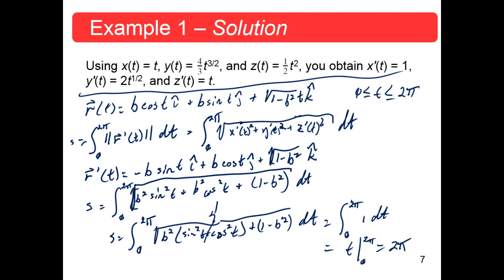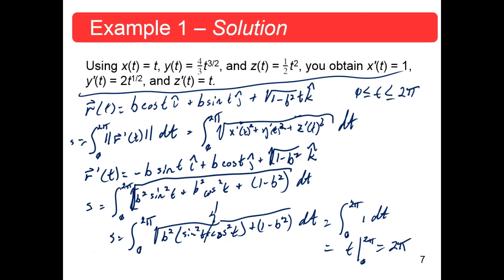Now that's because of how they chose to define our helix, with this coefficient, which is the coefficient of the t term in k, limiting this to be something between minus 1 and 1.